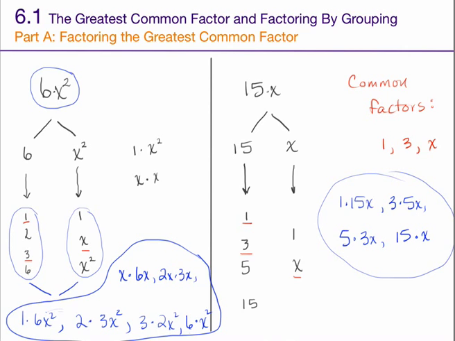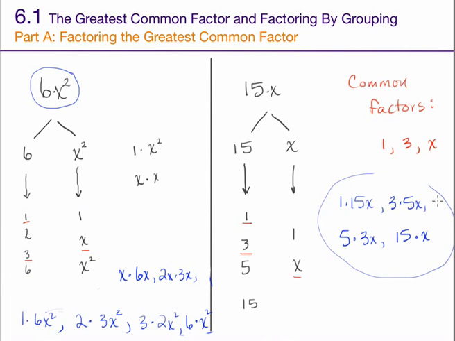So now I can take a more accurate look at what the common factors are. What's in this list that's also in this list? Well, this tells me all the different ways I can write 6x squared, but it doesn't tell me what the factors are. Same thing here. The factors of 6x squared are the things that I used in making up 6x squared as a product of two things.